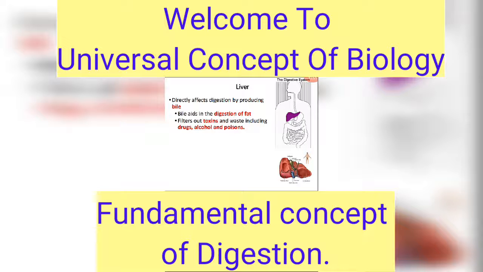And then comes the liver. The liver is about 1.5 kg in weight. It is the largest gland of the human body. It secretes a large amount of bile juice, because the liver is made of hepatocytes.